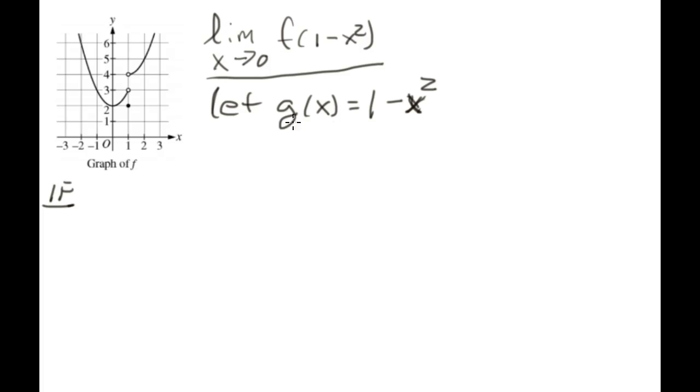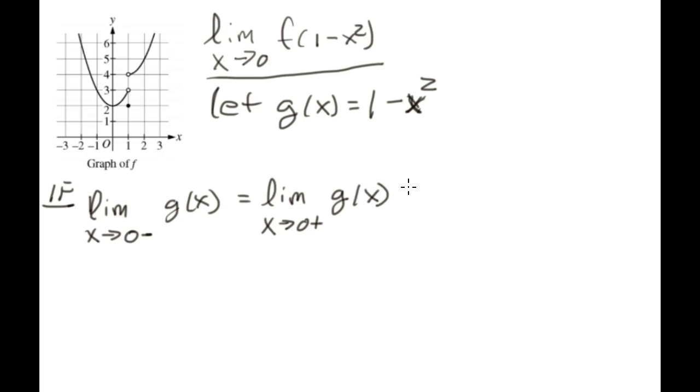Okay, so if I do that, if the limit as x approaches 0 from the left of g of x is equal to the limit as x approaches 0 from the right of g of x, then this value, whatever it is, we're going to define as the limit as x approaches 0 of g of x.